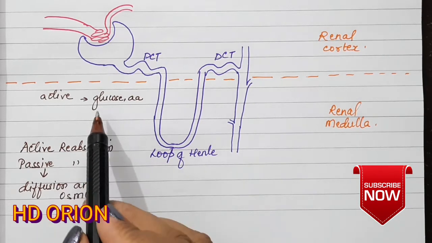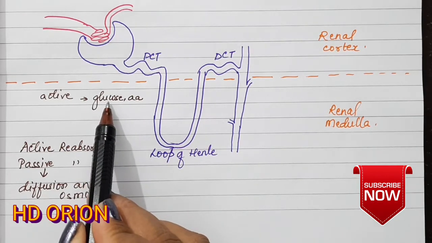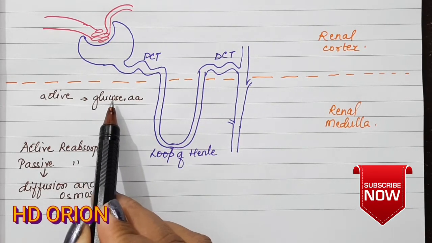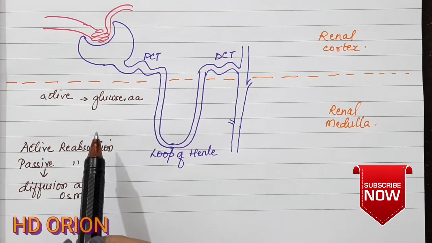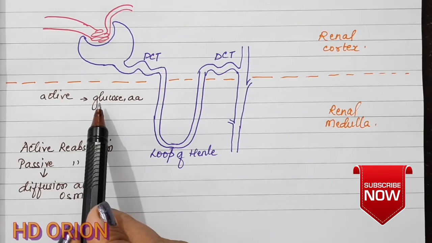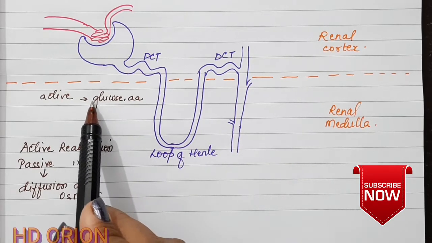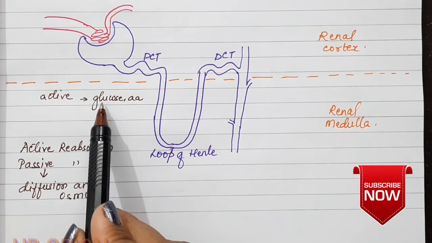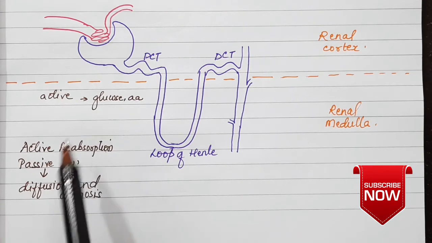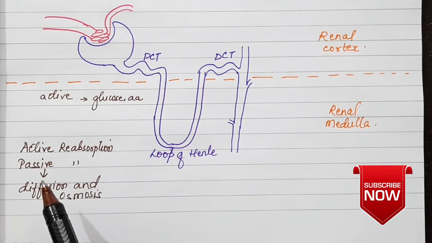Now again, it has to be seen that it can be only till a particular level, the threshold level of the blood. We know that there is a maximum limit of the blood to hold glucose. Beyond that, the glucose cannot be reabsorbed, and that is why diabetic patients excrete glucose in the urine, which otherwise should not have been excreted.